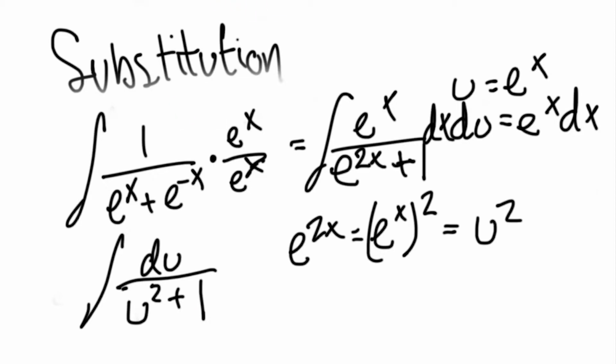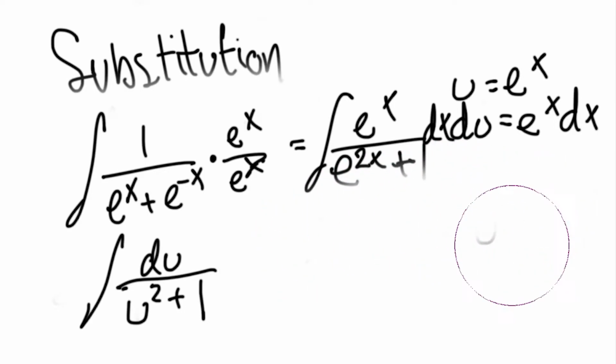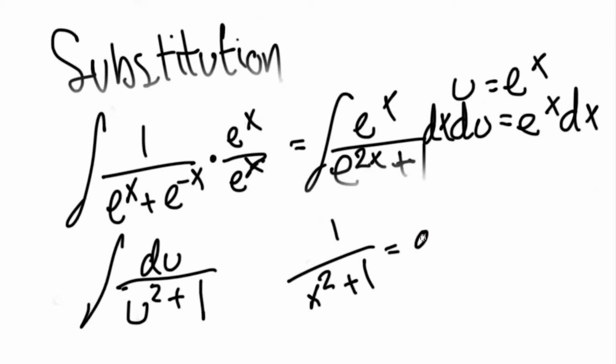What we can see here is that it looks like one of our trigonometric identities, right? And these you have to have memorized. You have to have these on your belt. You have to understand that 1 over our value squared plus 1 is just equal to the arctangent of our value.